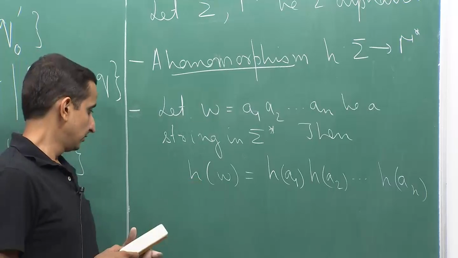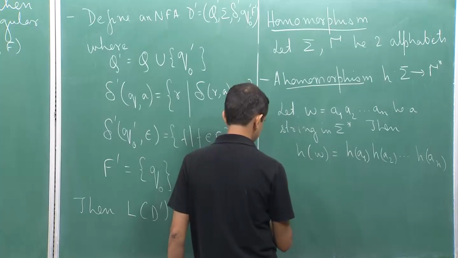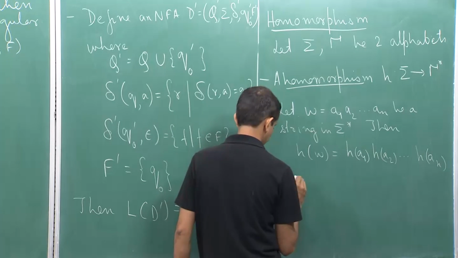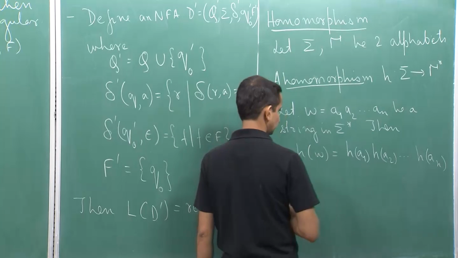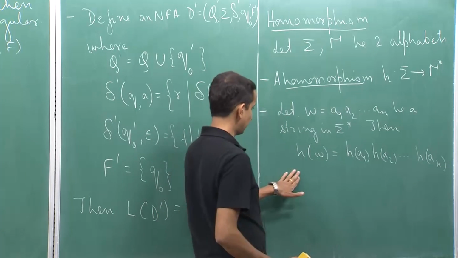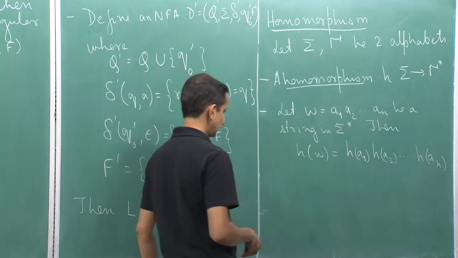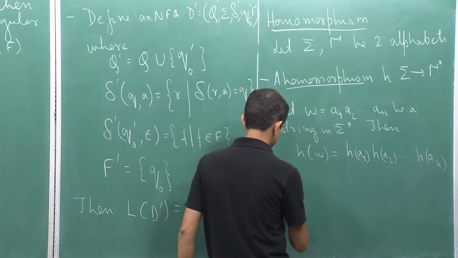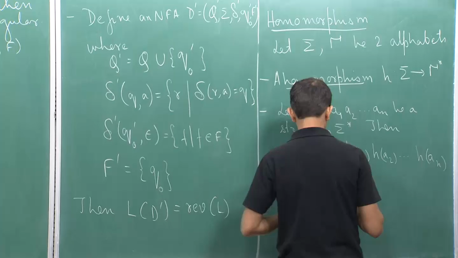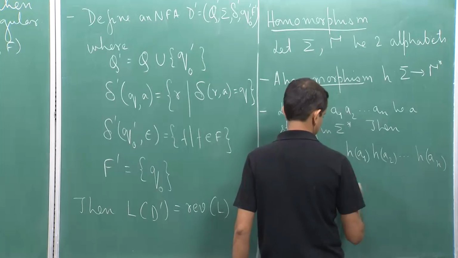Okay. So the closure property that we have with homomorphism is that, before I define the closure property, let me define what is homomorphism of a language. So this gives us homomorphism of a string. So now let L be a language in sigma star.